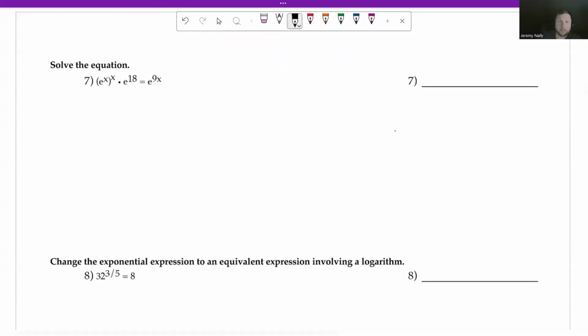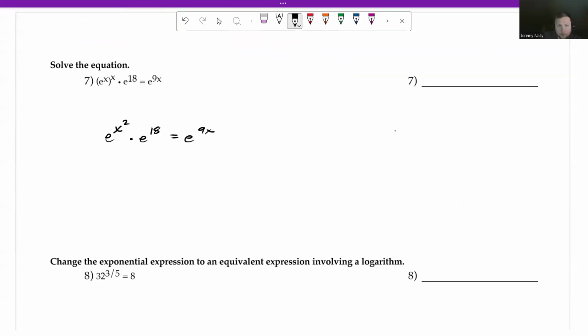Okay, solve the equation. So e to the x, to the x, so then these x's multiply, and that becomes e to the x squared, times e to the 18, is equal to e to the 9x.